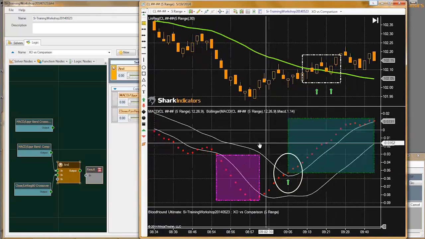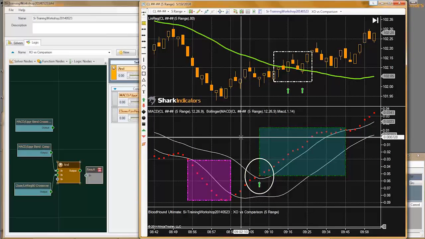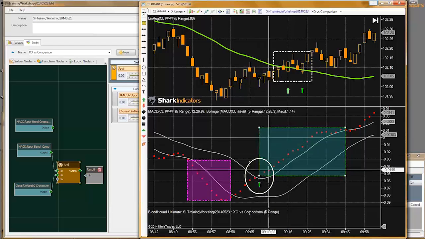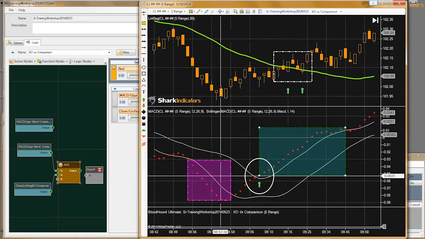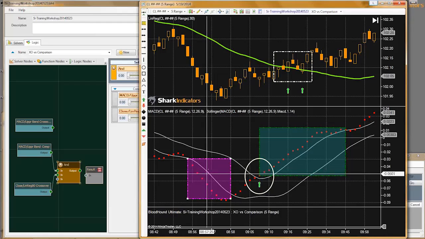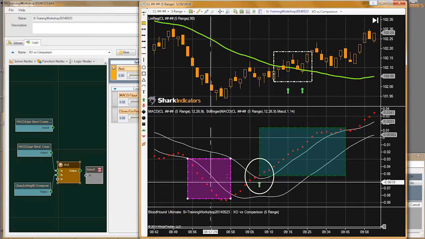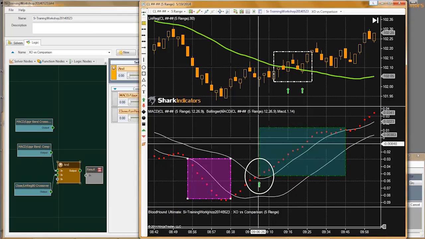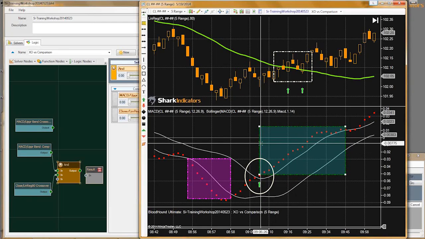All right. So rule number 1, condition number 1, of this simple system is, our MACD line has to be above the upper band or below the lower band. And so we have these areas, based on this first condition, of when we can take a short signal or when we could take a long signal.